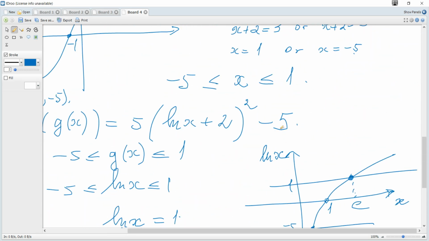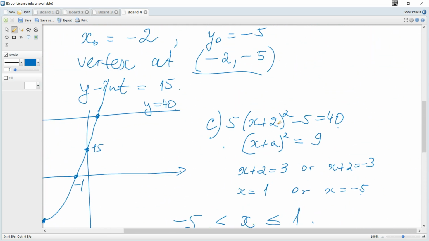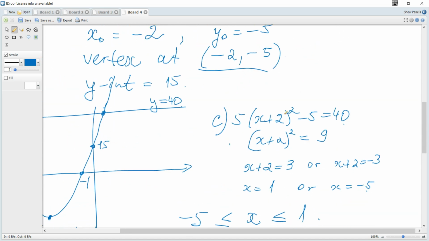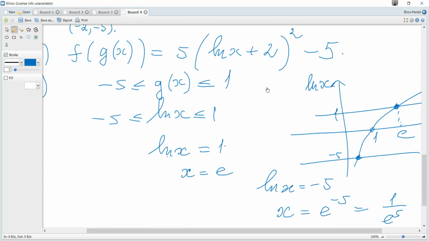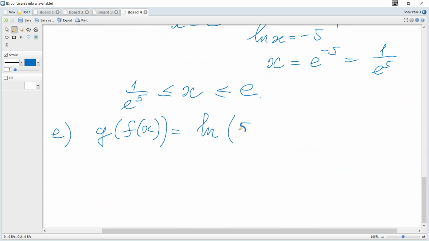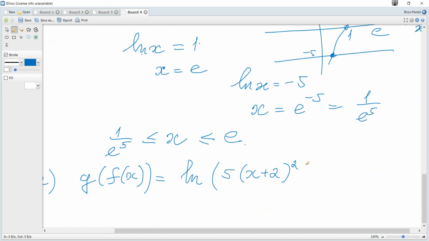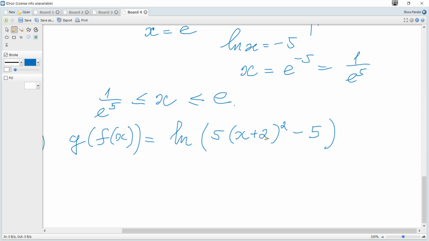Let again it be in our form 5 (x plus 2) squared minus 5, or actually it can be considered just f and domain possible values of x for ln.